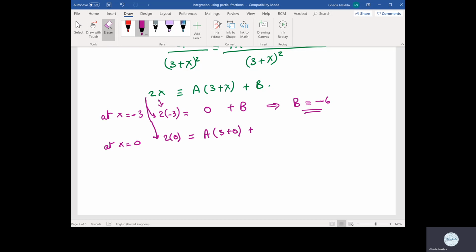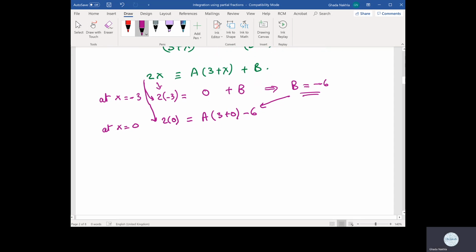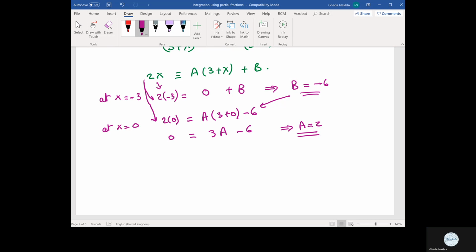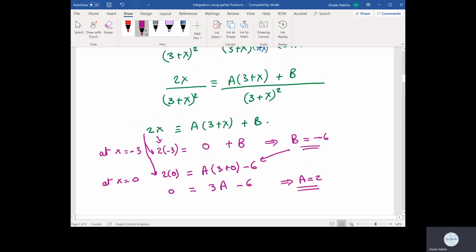And I know that b is minus 6, because I've just found out the value of b. So 2 times 0, which is 0, equals 3a minus 6. So 3a is equal to 6, so a must be 2. I found the value of a, and I have found the value of b.